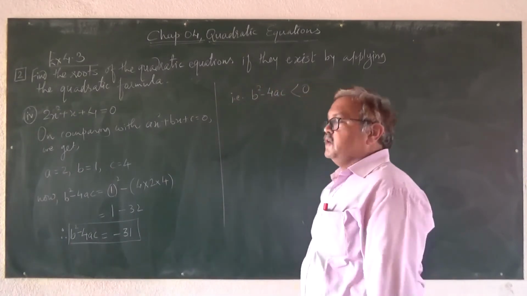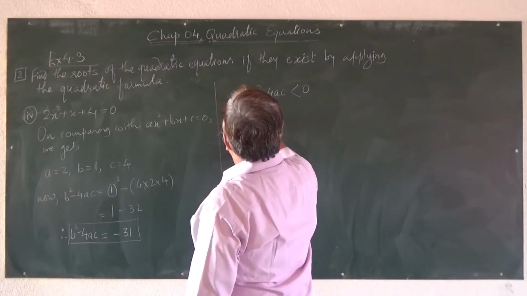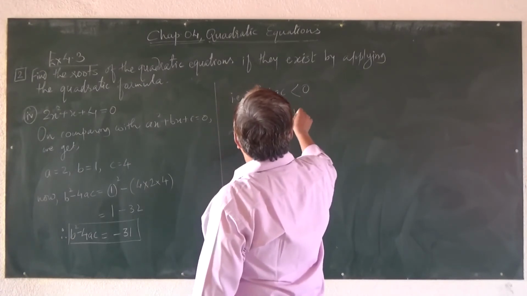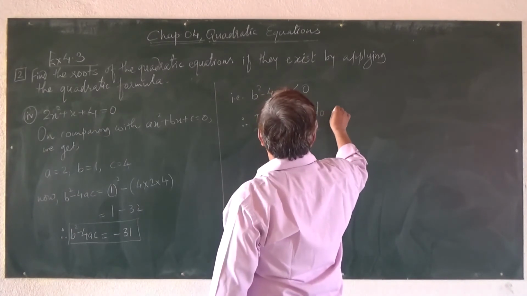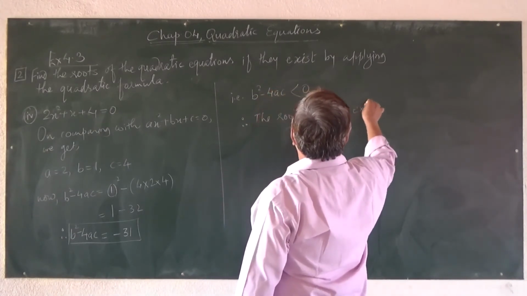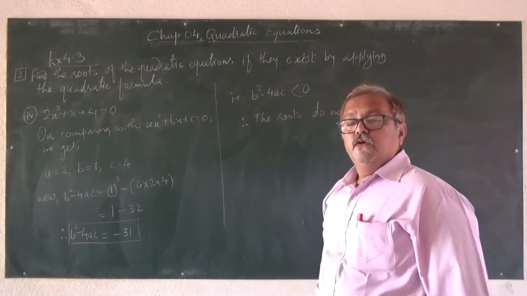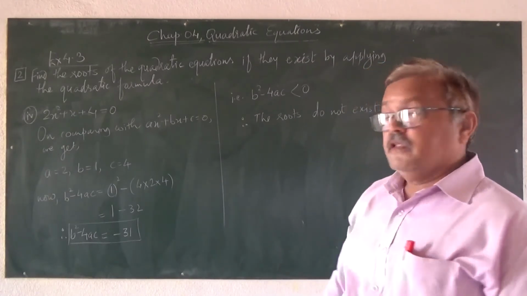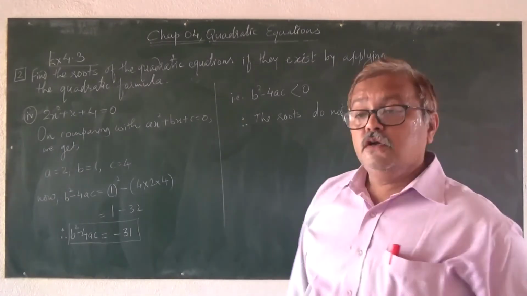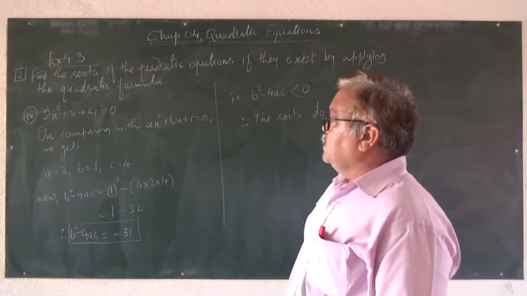So therefore the roots do not exist. No need of going for the formula. Okay, you can write the comment, the roots do not exist. Hope you have understood this method.